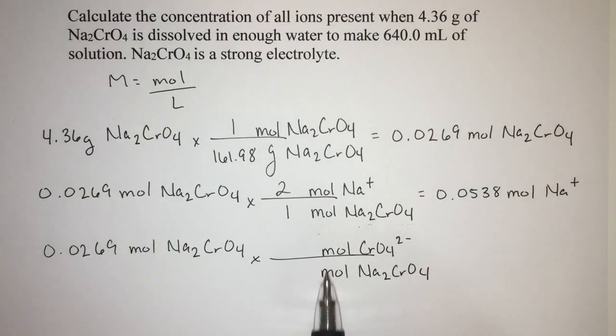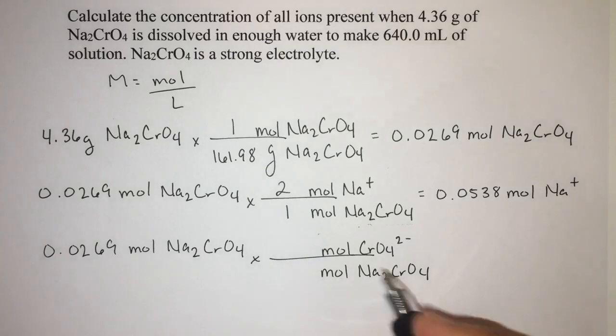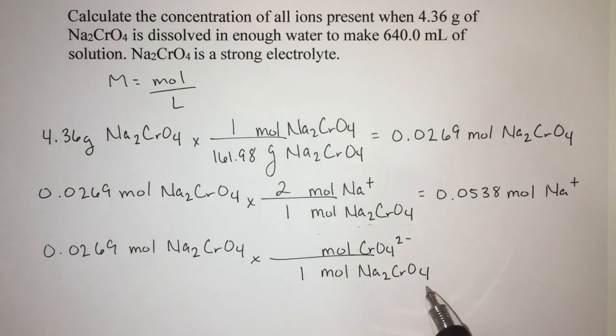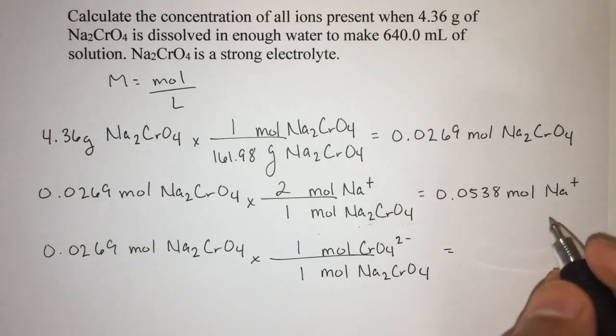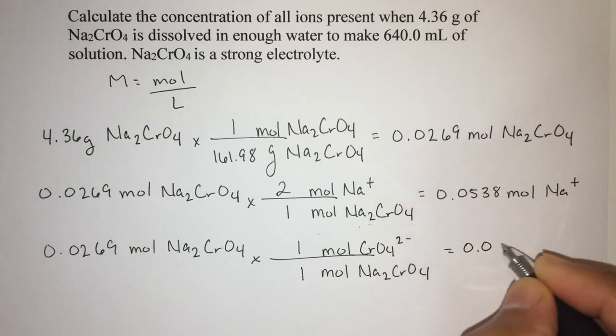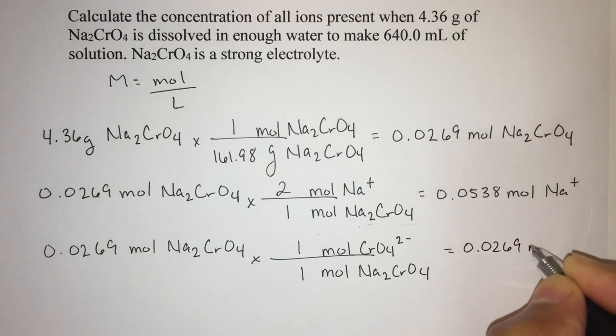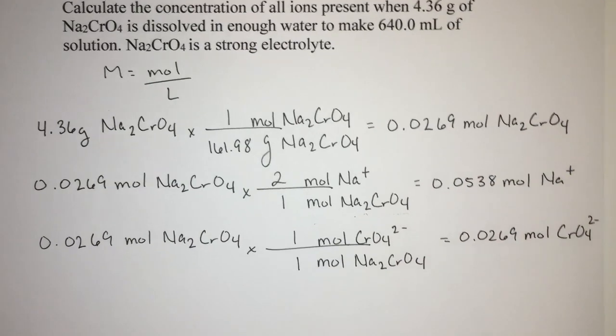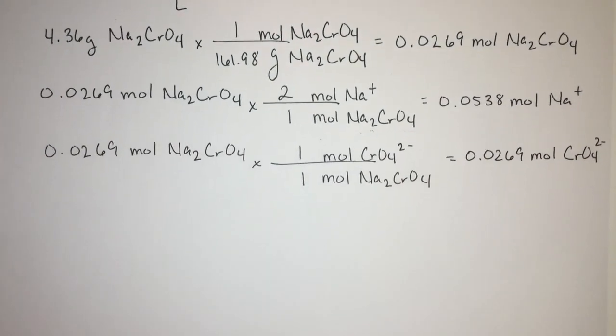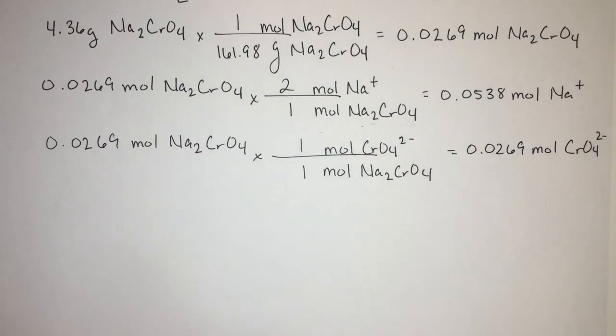Again, when you see this mole-to-mole relationship, you'll see that for every 1 mole of the compound, there's 1 mole of the chromate. Okay, so we have the moles of the species.